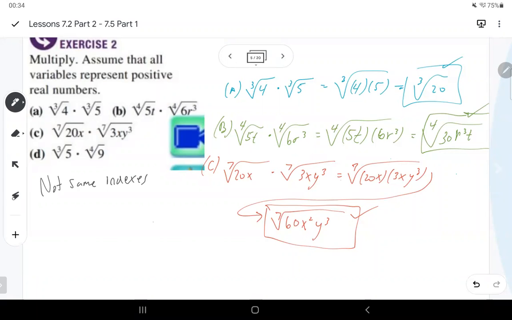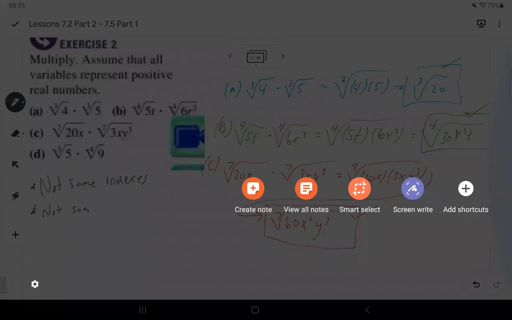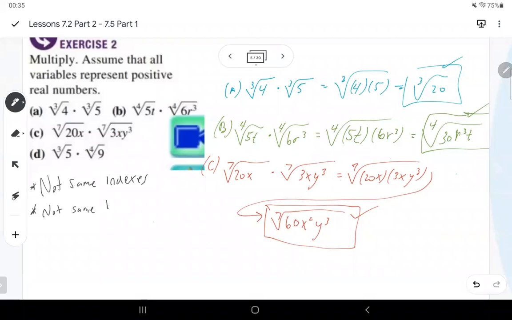Even if we wanted to write it in exponential form, we don't have the same bases, therefore it can't be simplified. So the answer you would write on the line would just be what you're given.